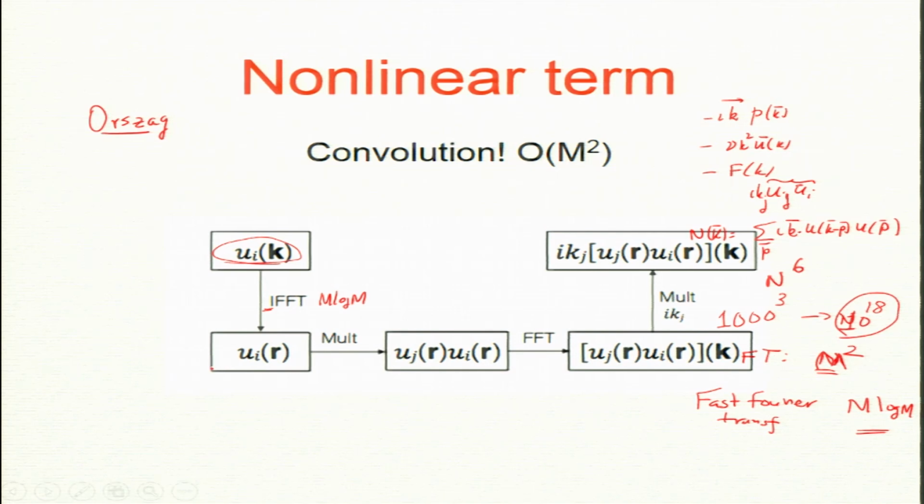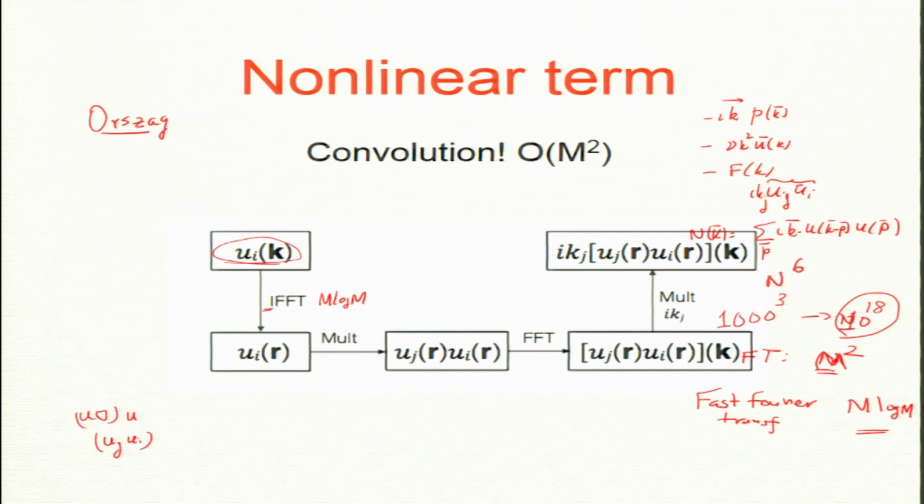Now, if I have the velocity field in real space, I can multiply point by point. They are in fact local products. So, when we have u dot grad u, we write this as del j u j u i. Keep it in real space, do not make it Fourier space. Forget about del j right now, just the product. This is a real space product, and how many multiplications will it require?